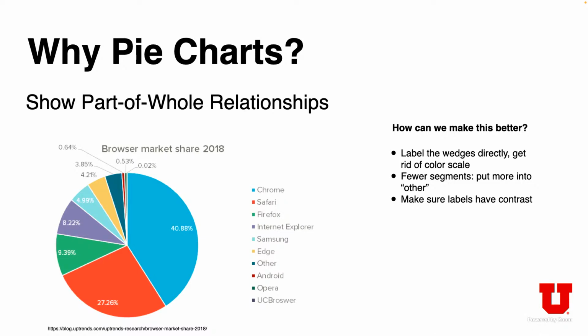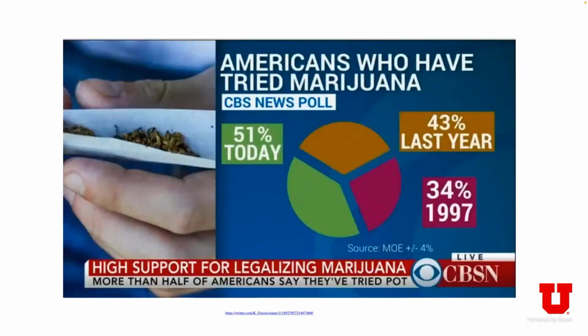And this also goes back to the idea that in a pie chart, our only channel of distinguishing between categories is color, and there's a limit to how many colors we can easily distinguish. But that was a tweakable pie chart. There are some pie charts that are just plainly wrong.